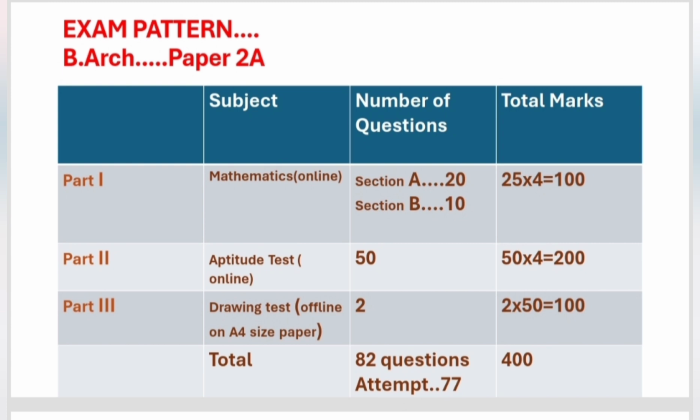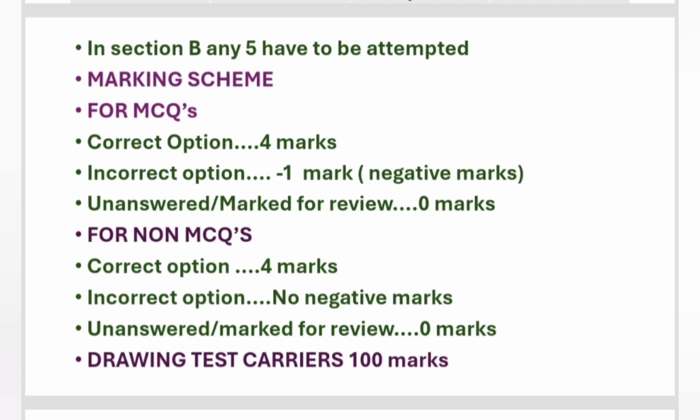And Part 3, the drawing test. They will give 2 questions, each question carries 50 marks, total 100 marks. On an A4 size paper, you have to draw. This is an offline exam. So totally 82 questions will be asked. Out of 82 questions, 77 questions you have to attempt, and the total marks are 400 for BArch Paper 2A. Next, the marking scheme. In Section B of Part 1 mathematics, any 5 you have to attempt.